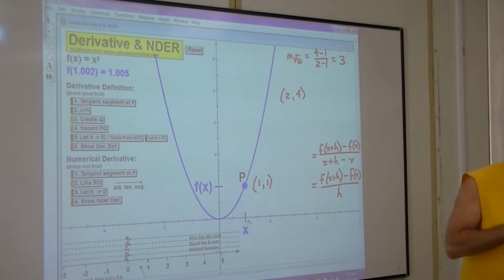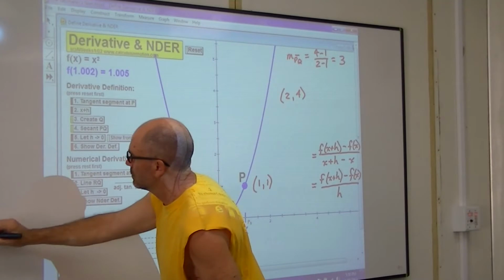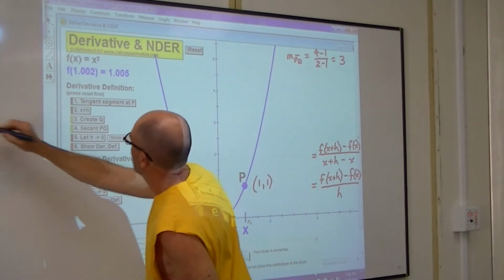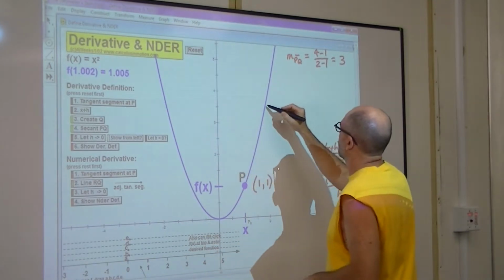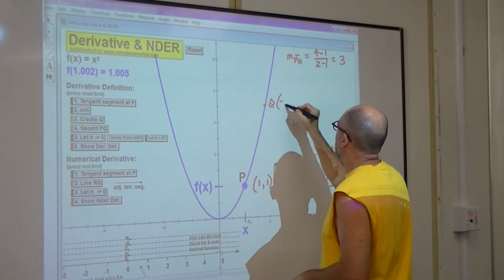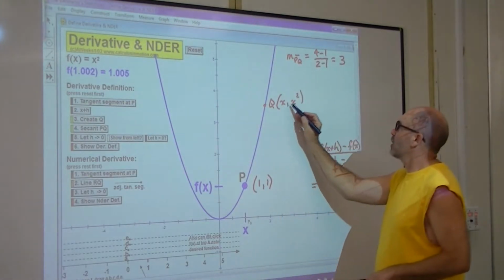So we're just going to call it x squared. Okay, so here's our point Q right here, and it's going to be x squared. Notice it's x comma y.